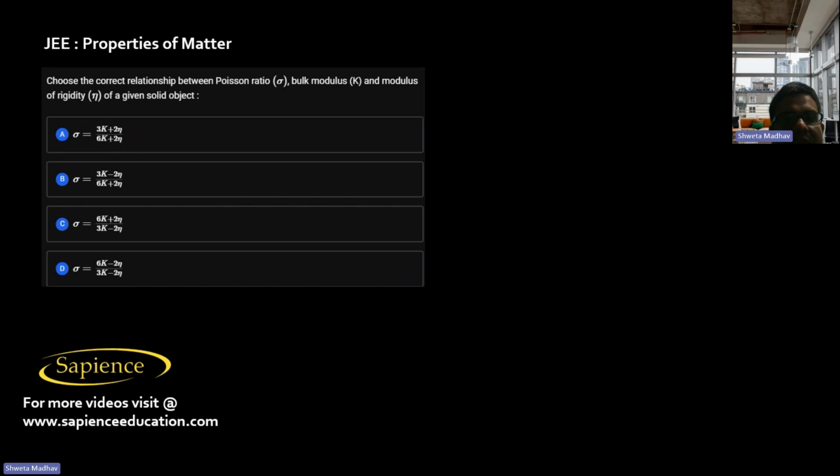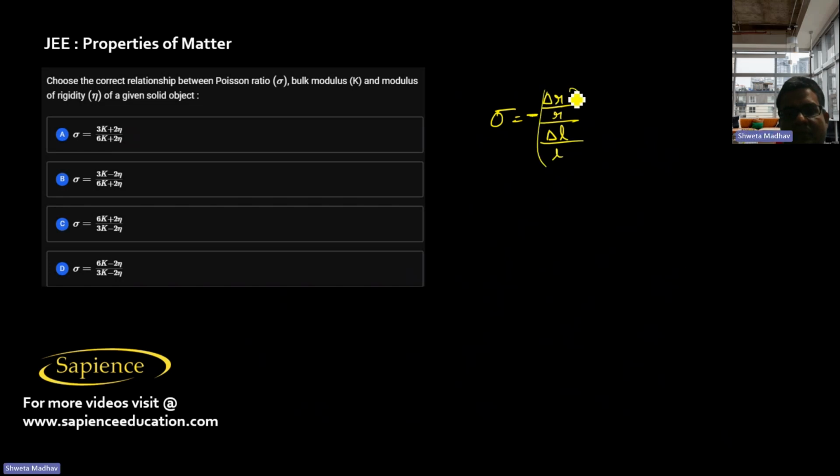Here it is told to choose the correct relationship between Poisson's ratio, bulk modulus, and modulus of rigidity of a given solid object. We know that Poisson's ratio is equal to minus of the lateral strain, that is delta r by r, by the longitudinal strain.